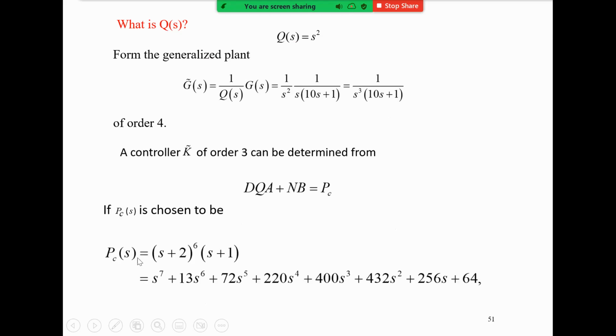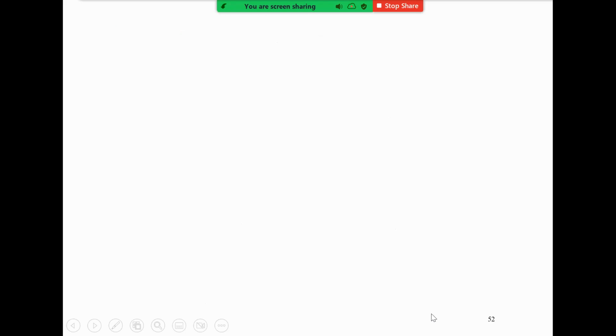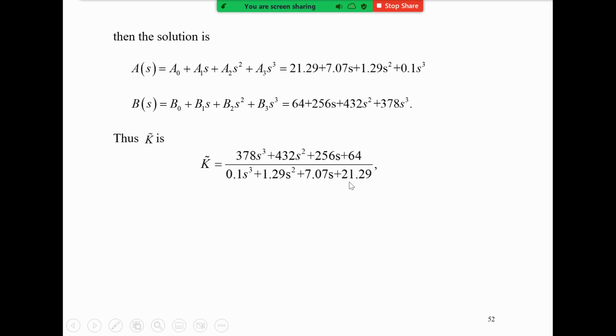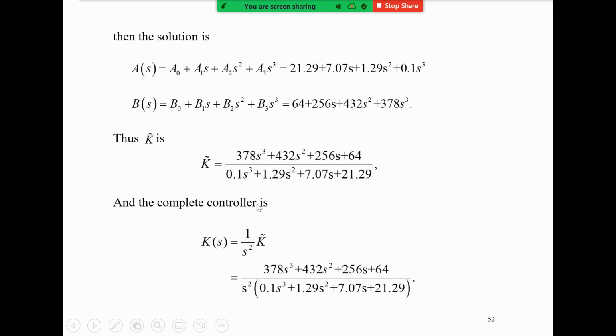You choose the poles, with the 7 poles, you design that. You match the coefficients to get the solution of A and B. It will be a 3rd order polynomial. That will be the controller to stabilize the generalized plant, but the final controller will combine this K tilde and this Q, with the order of 5.